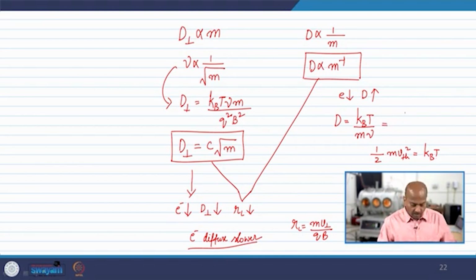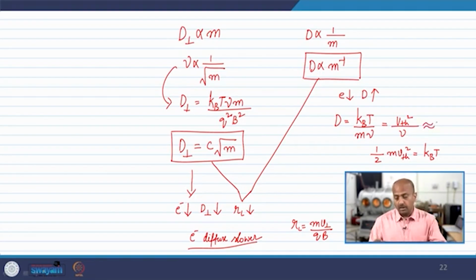We can rewrite this expression as v thermal square divided by the frequency, or you can also write it in terms of the distance that the particle travels, because you have involved the collision frequency here. So, if there are nu number of collisions per unit time, it will obviously take an inverse of that, and the number that you get will be the average duration between two collisions, right.